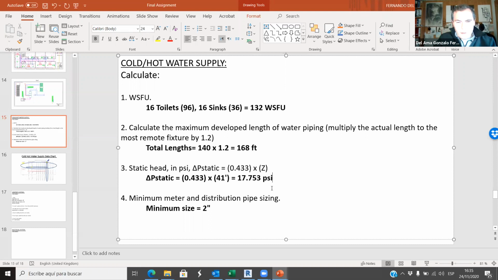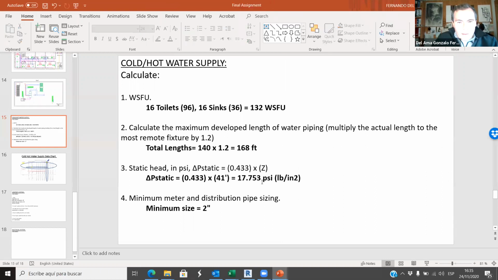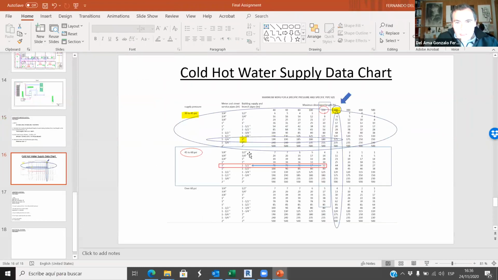A weird unit. Crazy imperial unit. So this is the pressure loss, or the pressure that you need to provide the water pump with. So with these three data, we can go to this table.